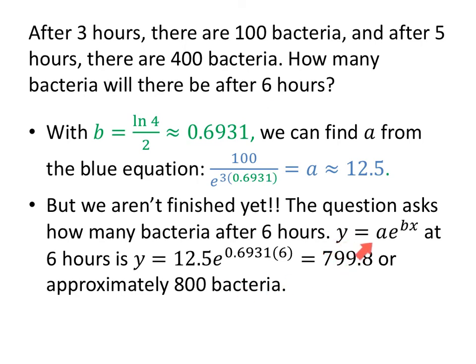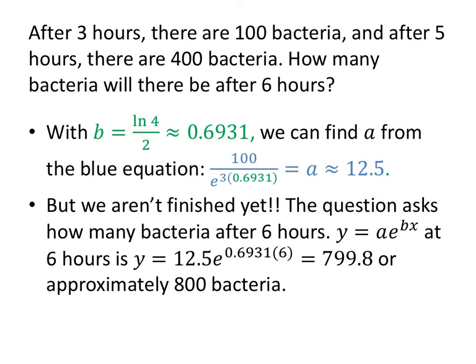With our formula y equals AE to the BX, at 6 hours we have y equals 12.5 e to the 0.6931 times 6, and we end up with 799.8. But these are bacteria. Let's not get into is it living or is it not with the 0.8. Let's just round that and call it 800 bacteria after 6 hours.